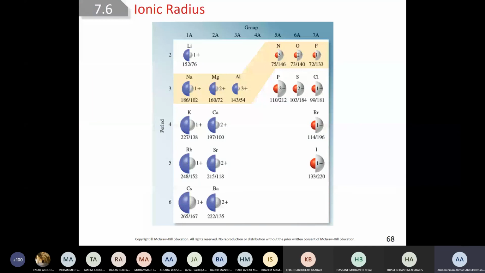Look at this table here. This shows the size of the lithium atom and the size of the lithium ion.